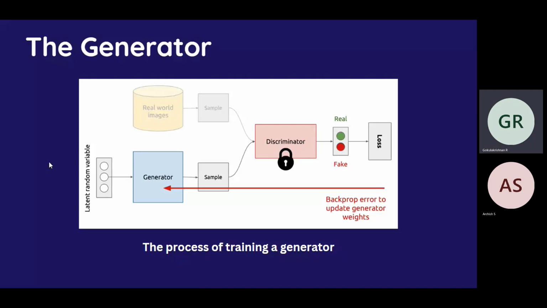If the discriminator identifies correctly, you update the weights of the generator, since that is the loss of the generator. If the discriminator wins, the generator loses. If the discriminator is correct, the generator is wrong, and vice versa. If the generator is correct, the discriminator is wrong.